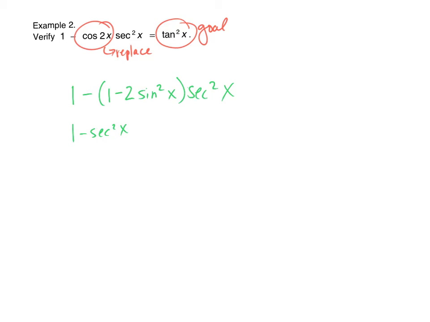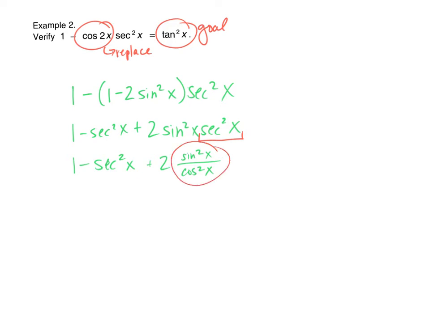And then a negative times negative is a positive, and it'll be 2 sine squared x secant squared x. So I want to simplify this last term, so I'm going to replace secant squared x with 1 over cosine squared x. So this becomes 1 minus secant squared x plus 2 sine squared x over cosine squared x.